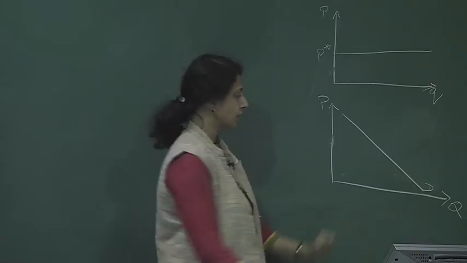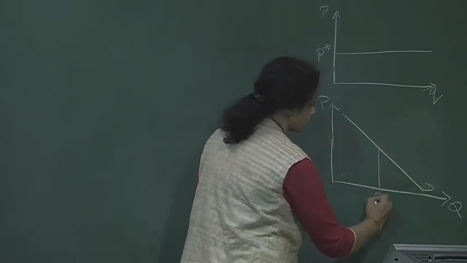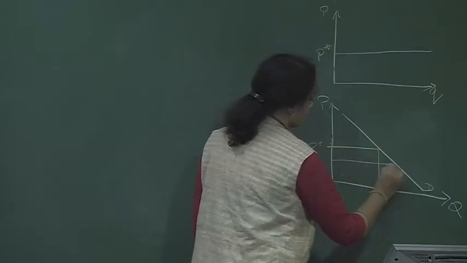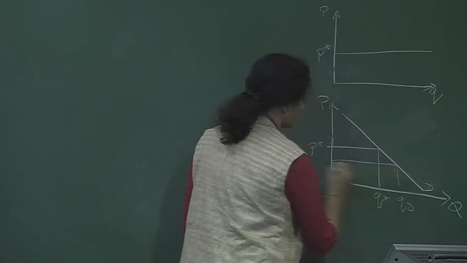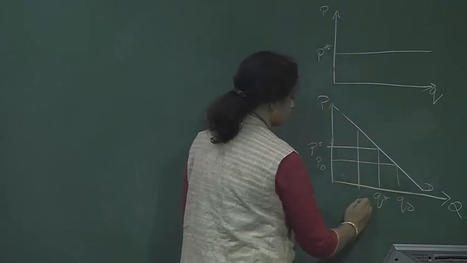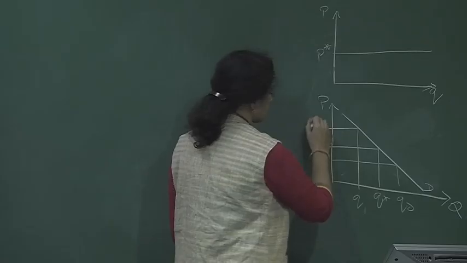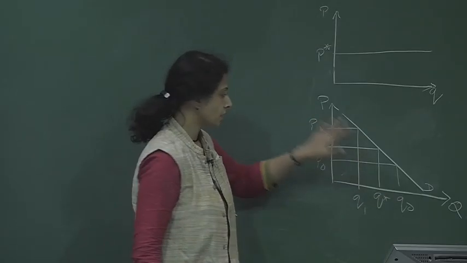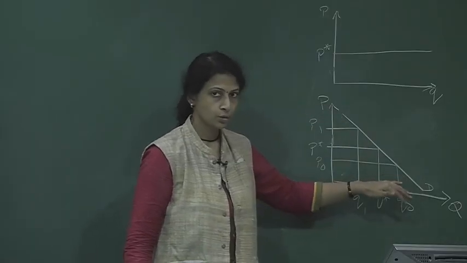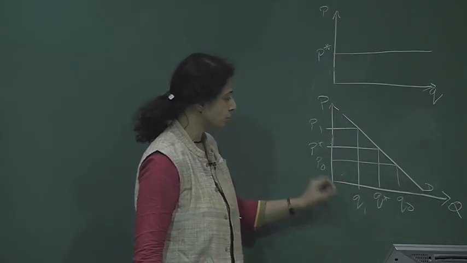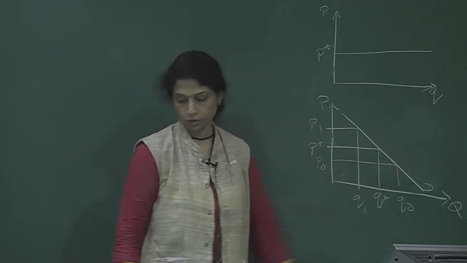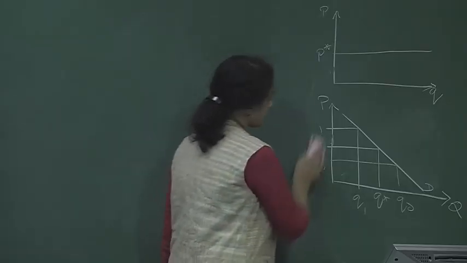He knows that if he produces any output here, this is the price that he has to charge. If he produces here, this is the price that he has to charge. If he produces here, this is the price that he has to charge. So the monopolist knows that the demand curve is negatively sloping, and he just has to choose how much to produce and what price to charge.